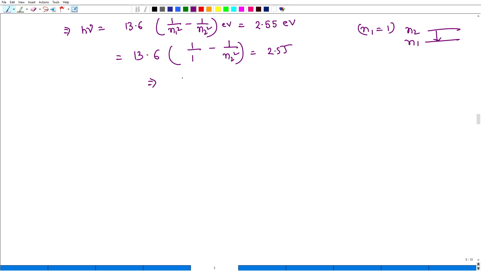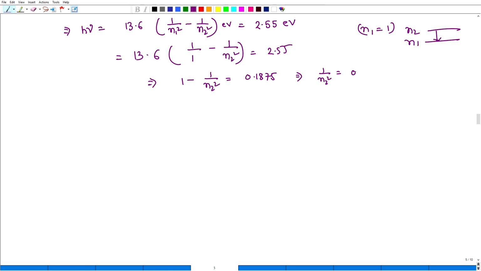So, it is 2.55. So, eventually 1 minus 1 by n2 square is, let me calculate it, 2.55 divided by 13.6. So, it is actually 0.1875. So, 1 by n2 square is 1 minus 0.1875.